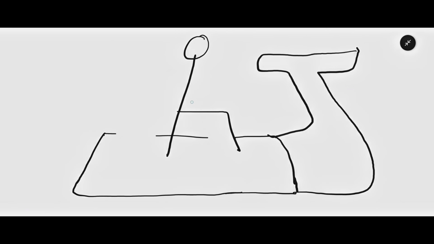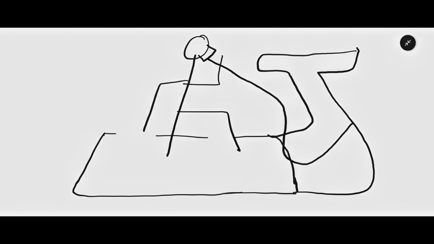So let's say this is a treadmill right here. The athlete will be running on a treadmill, and there will be some sort of device, some sort of mask connected to their mouth and nose to be able to collect data about their breathing and how much oxygen they are utilizing.